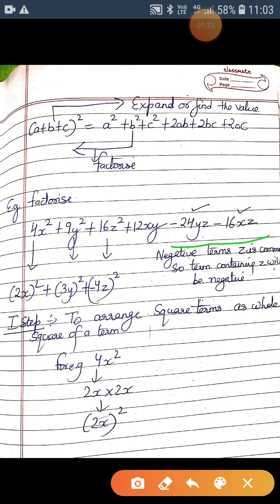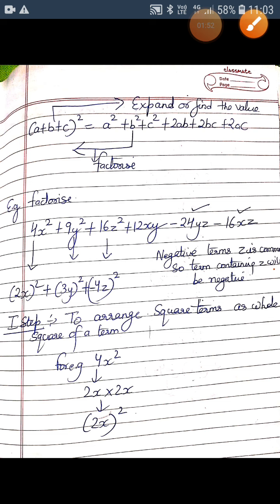By looking at the question, we first check that yes, there are 6 terms, and the first 3 terms can be arranged as the whole square of some numbers or variables. Like 4x square can be written as 2x into 2x, 9y square as 3y into 3y, 16z square as 4z into 4z. So this is our first observation by looking at this expression.